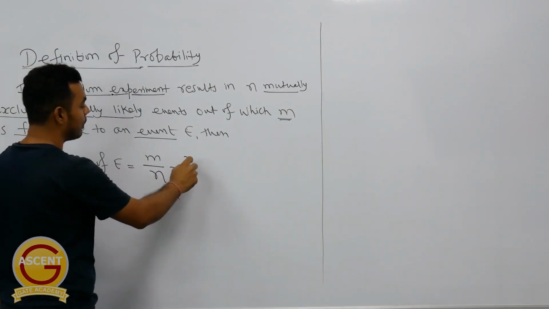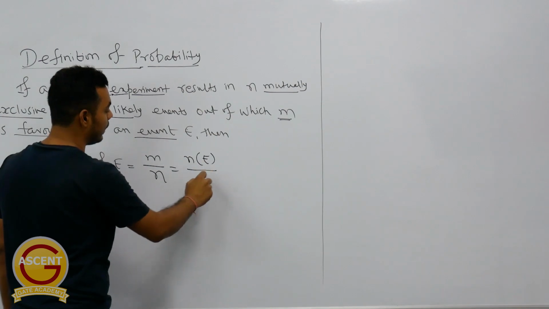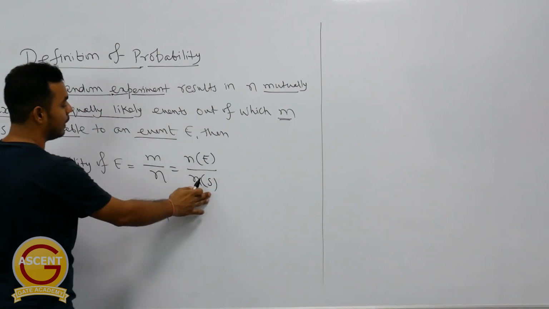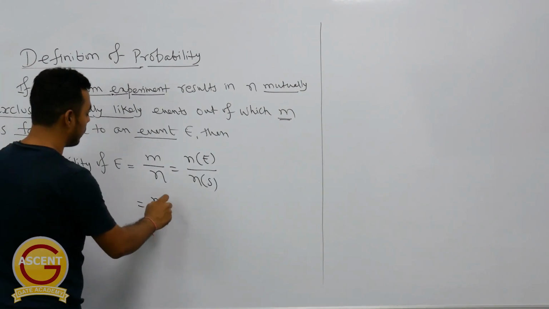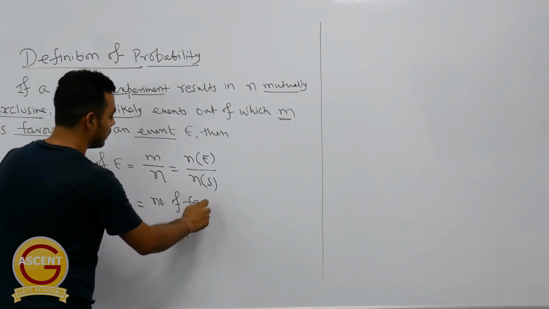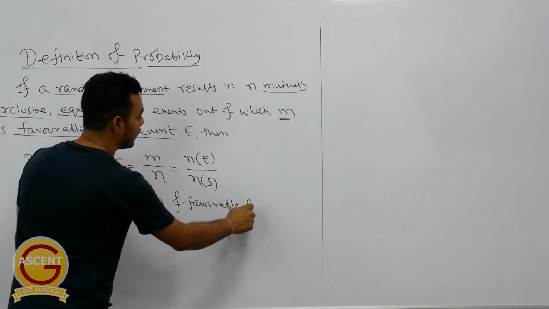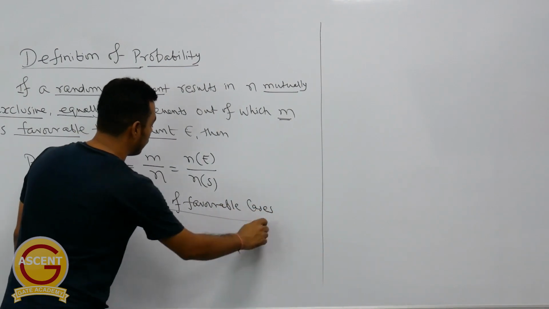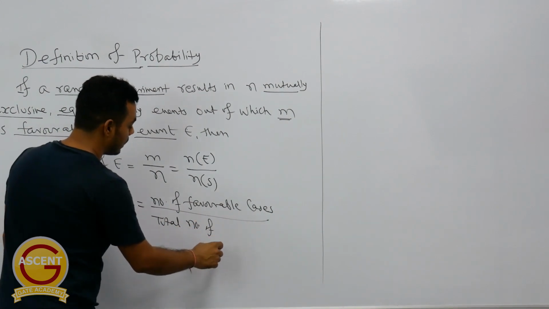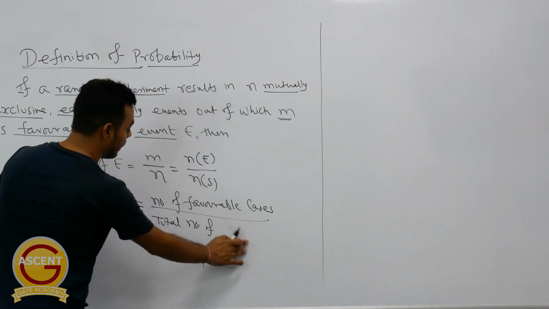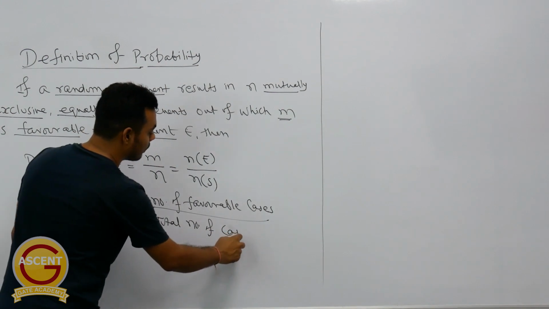M is the number of elements in event E, divided by the number of elements in sample space S. You can also write this as the number of favorable cases divided by the total number of cases. So this is the definition of probability: number of favorable cases by total number of cases.